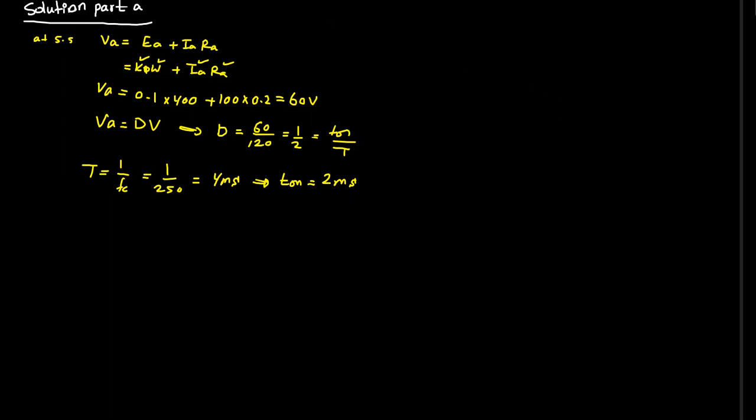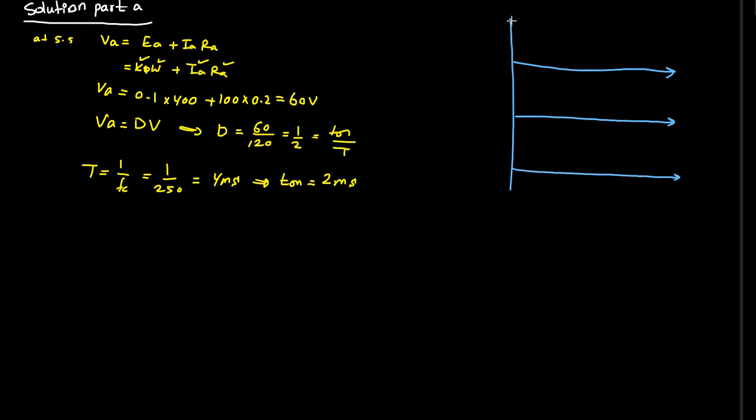So if we plot it here, now let's assume this is the VA. Let's assume this is the current IA, and let's assume this is the IS, the supply. So the period was 4 milliseconds, so let's assume that this is the T on, and this is the period.